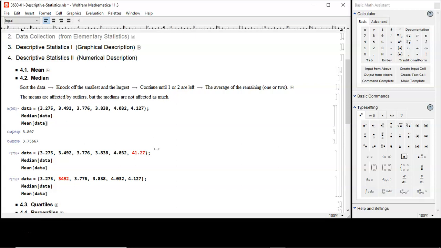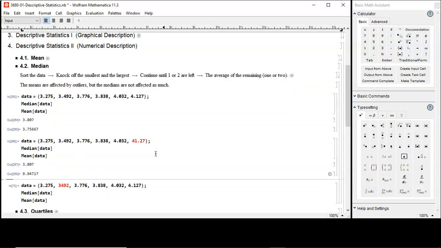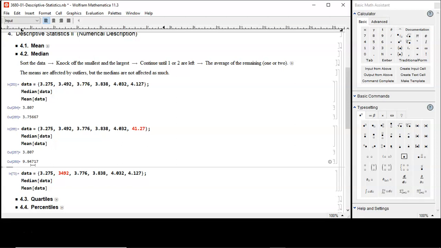Somehow, somebody made a mistake and mistyped the decimal point, and you wrote 41.27 here, and then just calculated the median and mean without thinking. The mean was affected heavily because of the 41.27, but the median, no, it stays the same because it was crossed out at the first crossing.